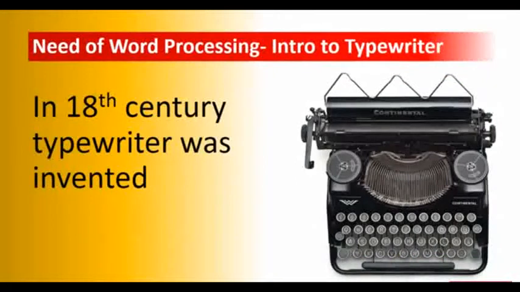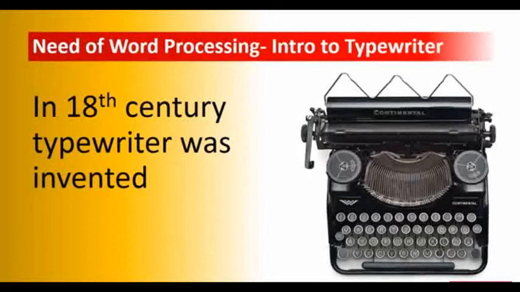Before the computer came into existence, the thing which was invented to print characters on paper was the typewriter. In the 18th century, the typewriter was invented to impress characters on paper. It is a mechanical or electromechanical device with keys that when pressed cause characters to be printed on paper.